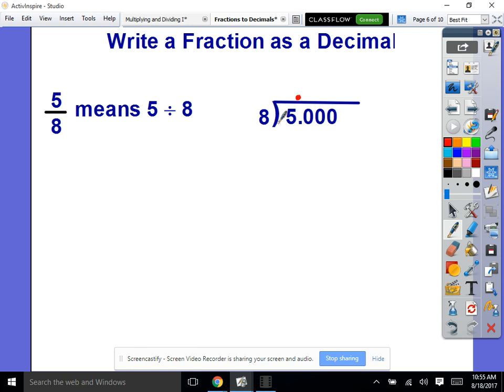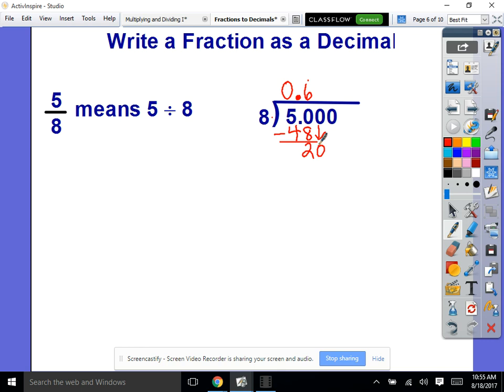So look at this, 8 goes into 5 how many times? Well, 8 won't go into 5 because 5 is smaller. So now you can look at 8 goes into 50 6 times. Then you say 6 times 8 is 48. You subtract that, so 50 minus 48 is 2, and you bring down the next number.